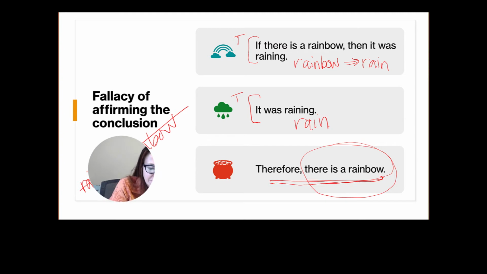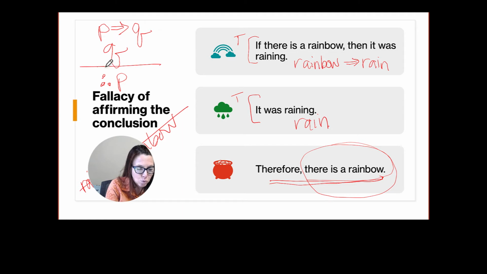The fallacy of affirming the conclusion is when we say something like P implies Q, and then we see that the consequent is true, and so we assume that this means that P must be true, which is false. Okay? We don't know is the answer.